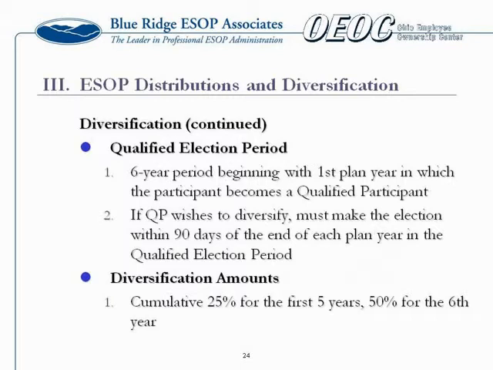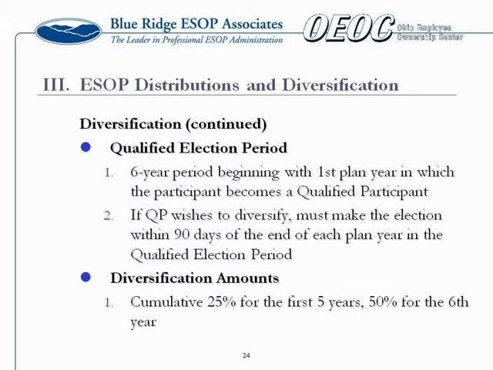And then the qualified election period, when they're actually allowed to receive the diversification of their shares, is the 6-year period beginning with the first plan year in which they become a qualified participant, meaning the first plan year in which they've reached age 55 and 10 years of participation. If the qualified participant wishes to diversify, they must make that election within 90 days of the end of the year in which their qualified election period begins.